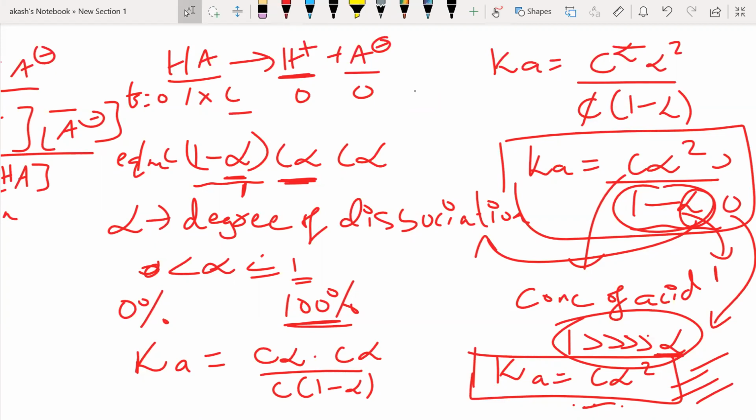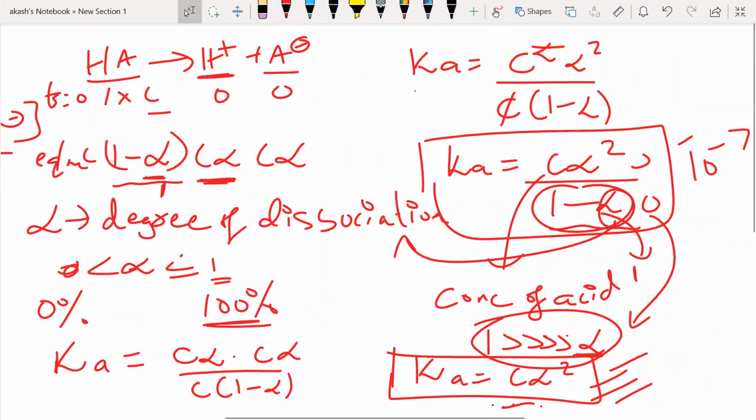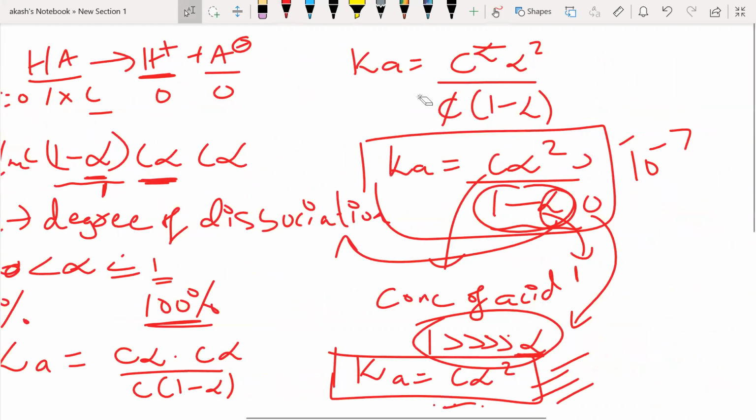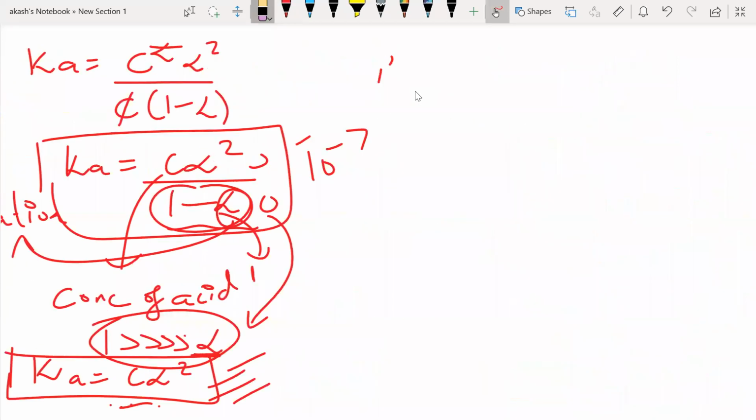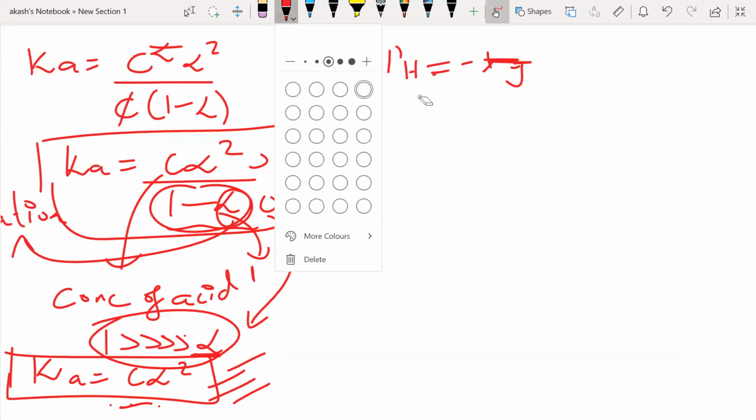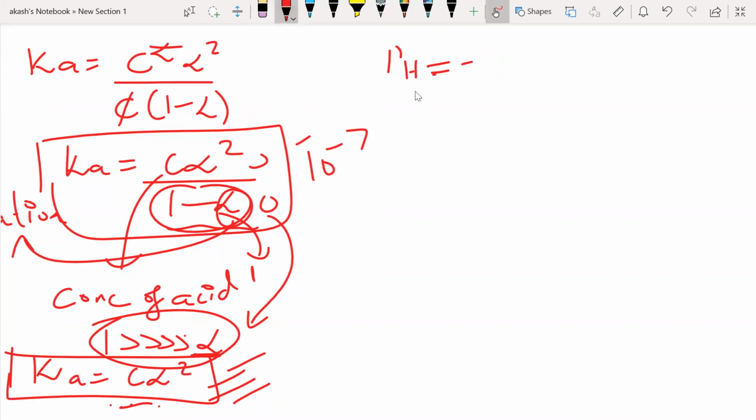Now if I want to know the pH value, how will I write pH? pH will be negative log of H plus ions concentration. We just found out that the H plus ion concentration is C alpha.